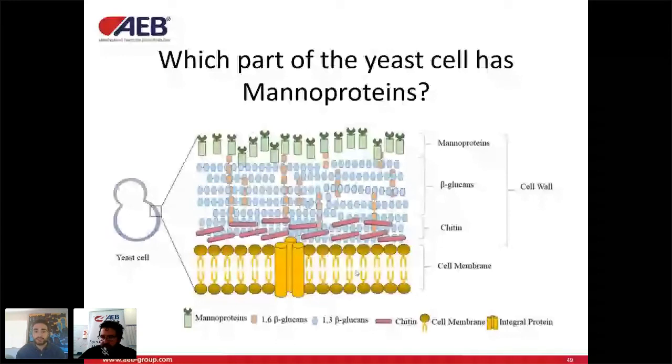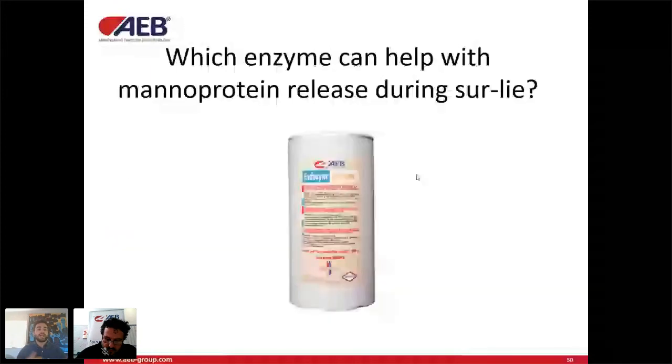The next question is, which enzyme can help with mannoprotein release during sur lie? And yes, you voted correctly, it is beta-glucanase. Beta-glucanase can help speed up the sur lie aging process.